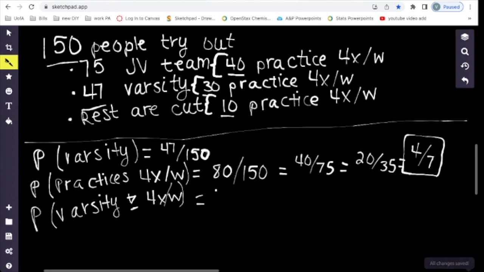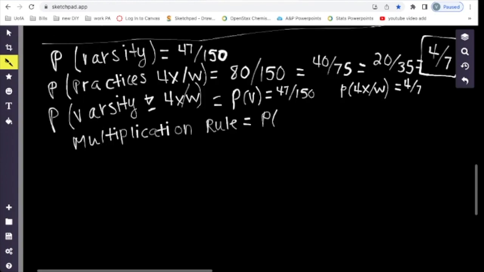The probability that they're varsity, we calculated, was 47 over 150, times the probability of them practicing 4 times per week given them being on varsity, and then we are going to divide it by the probability of them practicing 4 times per week.